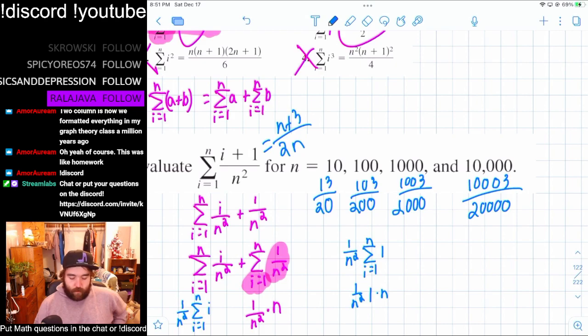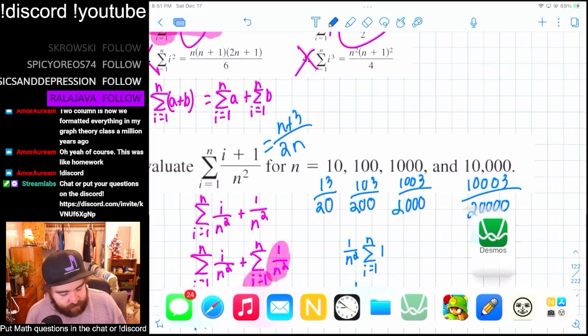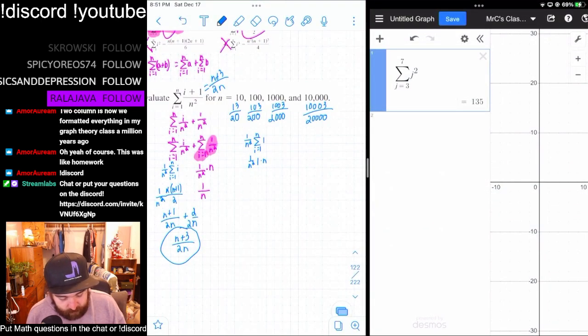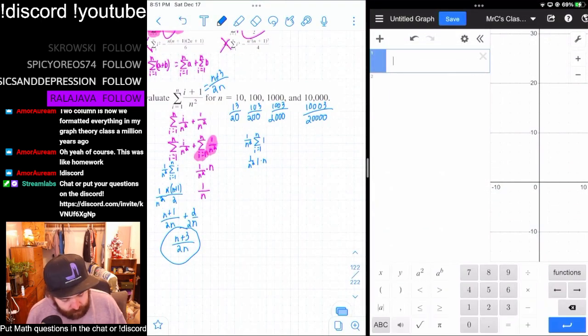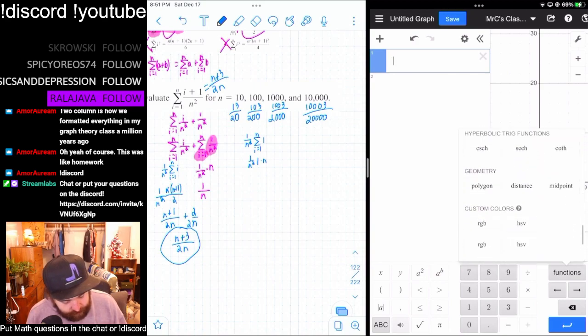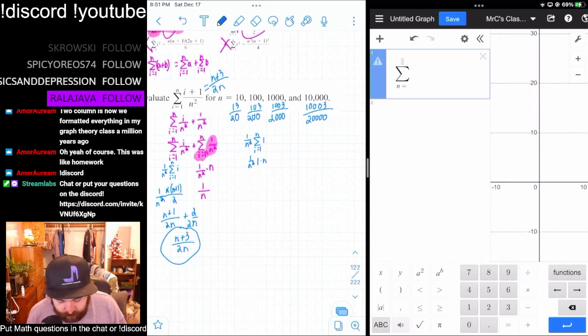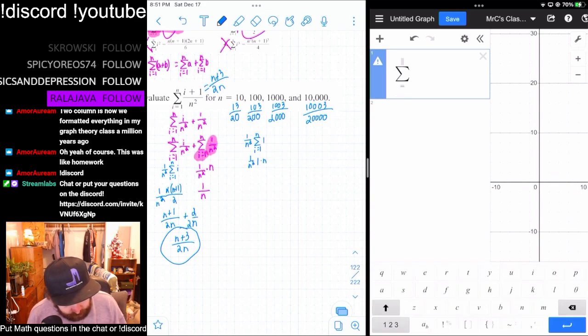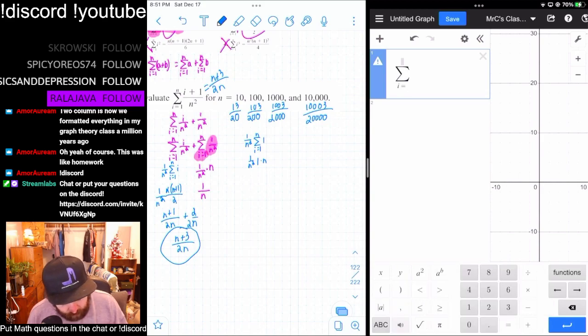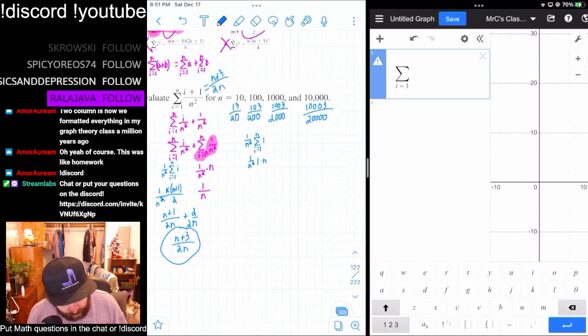Now that we have that, we can just plug it right in. Let's look at Desmos and see if that's true, just because Desmos can provide some interesting stuff here. So let's again do a sigma. Let's just type out the whole thing, then we'll even add sliders. Let's name it how they do so we don't get confused. So i equals 1 up to n.